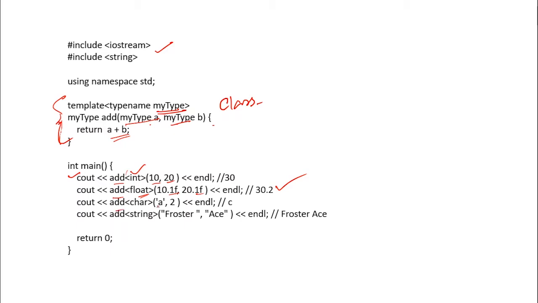Even when I'm calling add as char and I'm passing 2 here, it understands that 2 is defined as a char, and then it's adding 2 to a and the result is c. And when I am adding two strings, of course they are being concatenated, not added. And this one function can handle all these cases because it's using templates at its core.